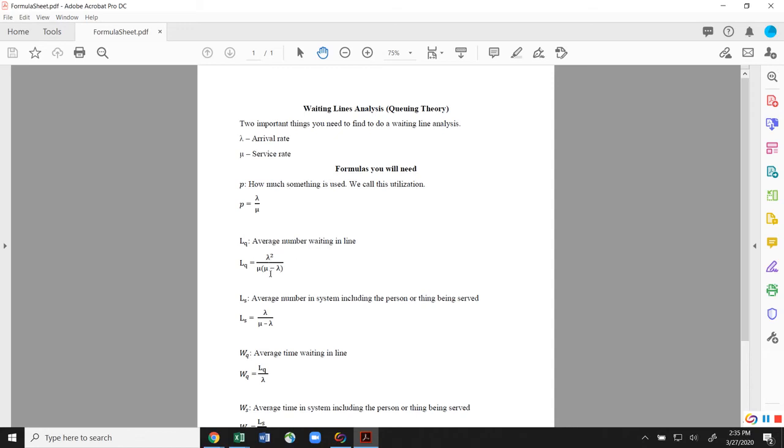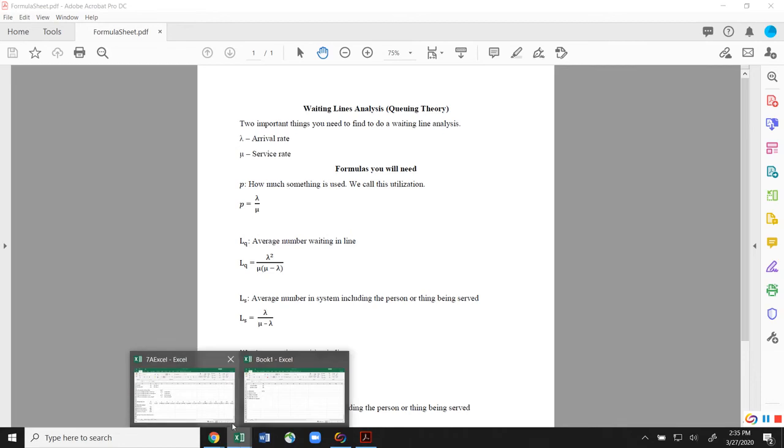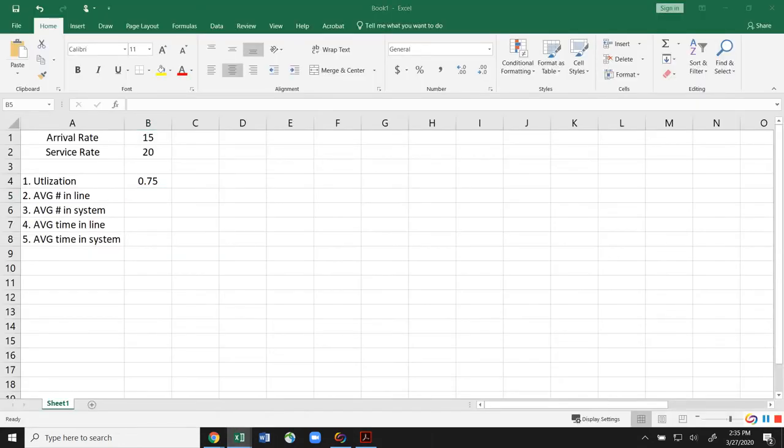There's our formula, so we want to go back over to Excel. One thing that's nice about the video and your work, hopefully you're following along, is that when you get to the assignment or test, once you find the right formula, you can always come back and make sure you put your parentheses in the right places. So it's going to equal lambda squared. The way we square is shift 6 and square it.